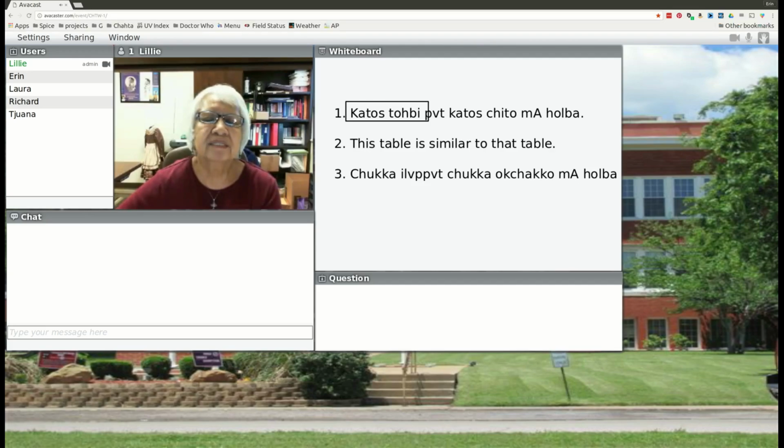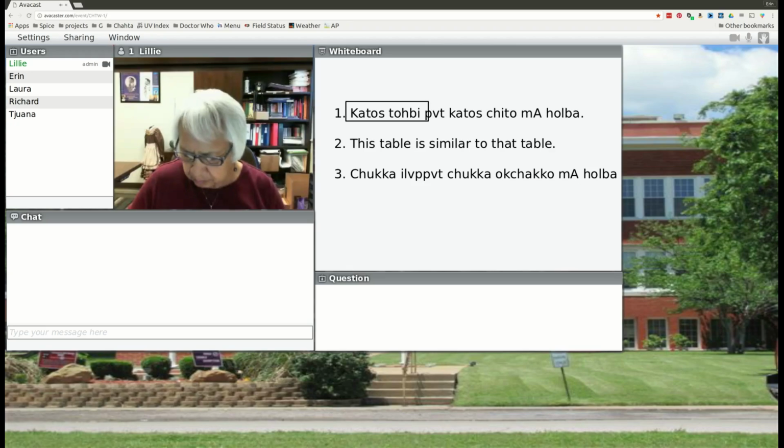Hulbakio, this is your verb, hulbakio, doesn't resemble, isn't similar to, however you want to translate this part. Hulbakio isn't similar to, doesn't resemble that blue house. Chukka okchako ma, that blue house.